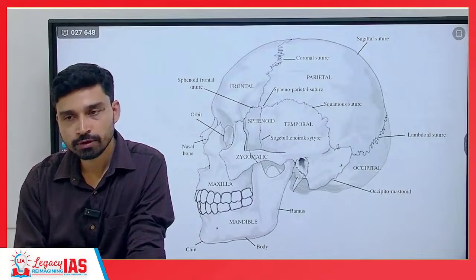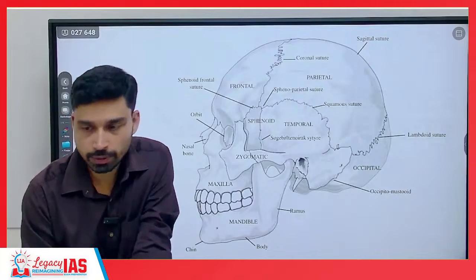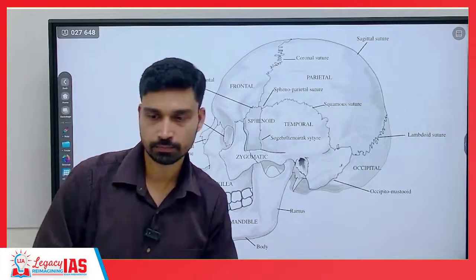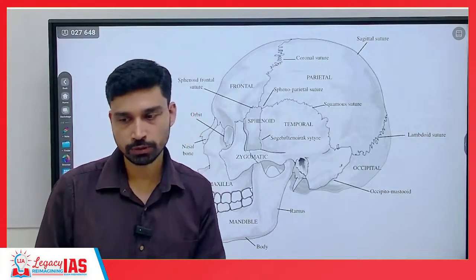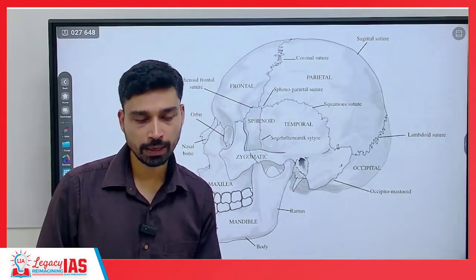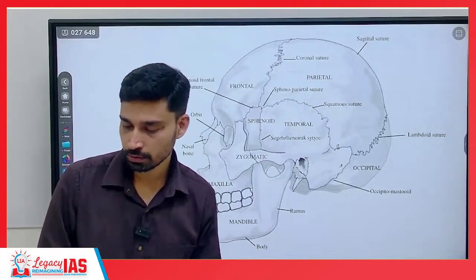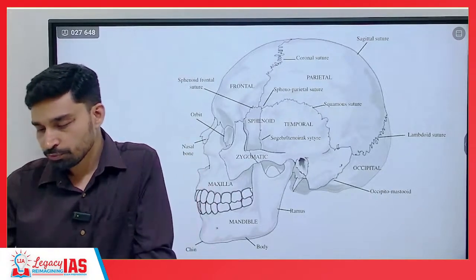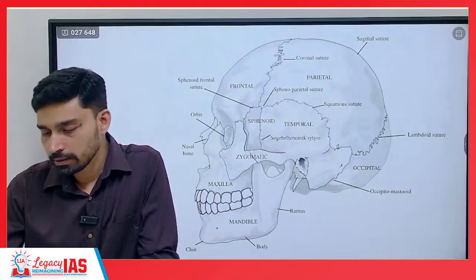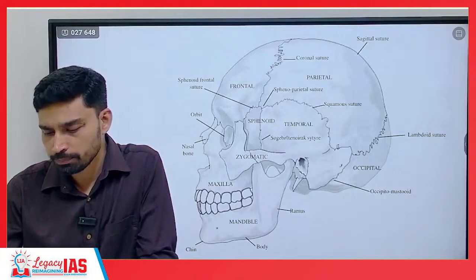Obviously, in which will it be more developed, man or apes? Man. So we can write: the frontal lobe is well developed in man as compared to apes.